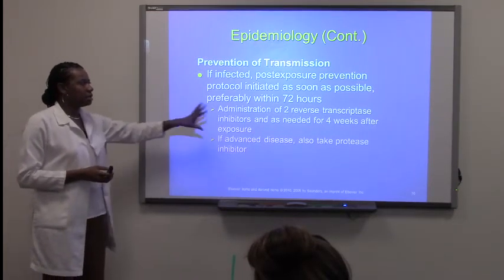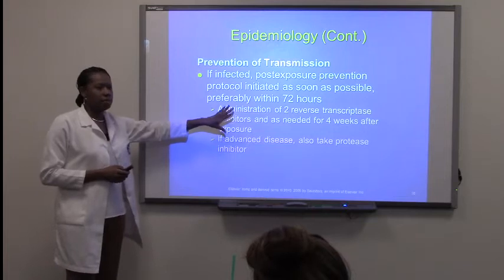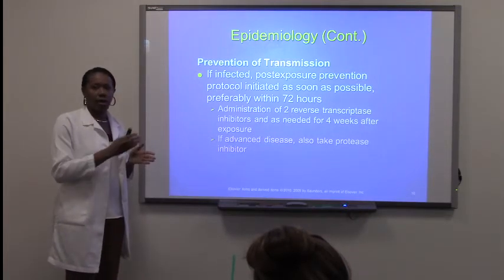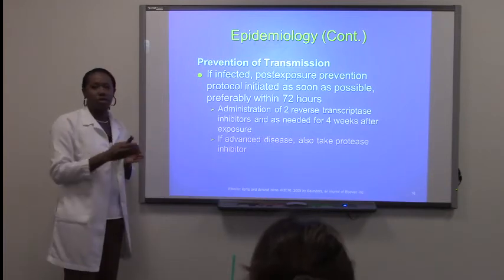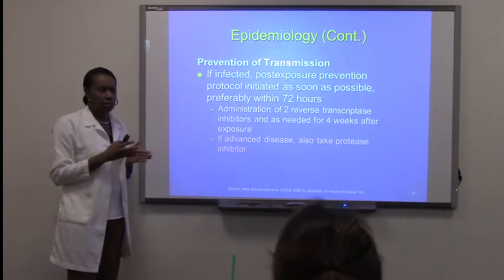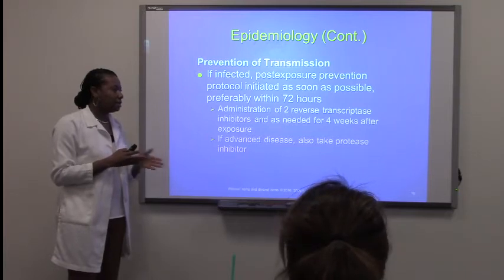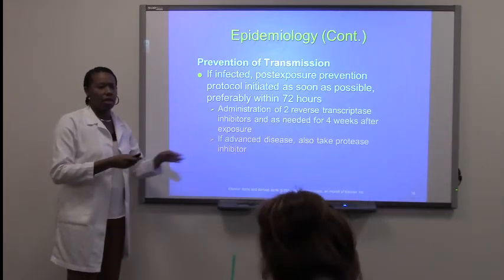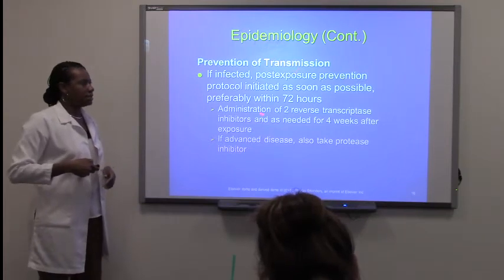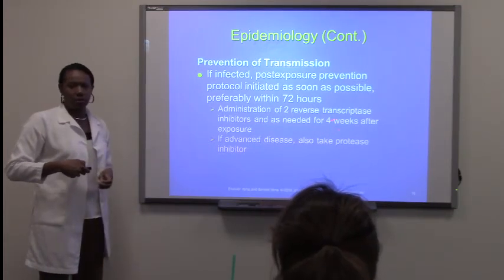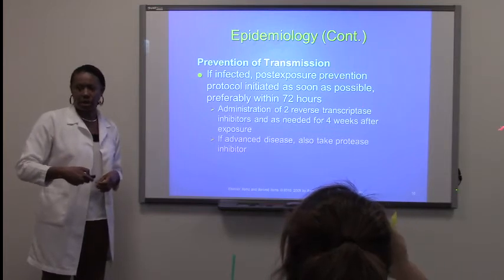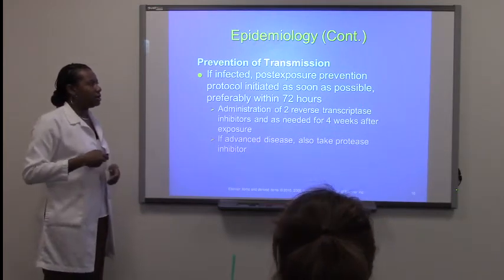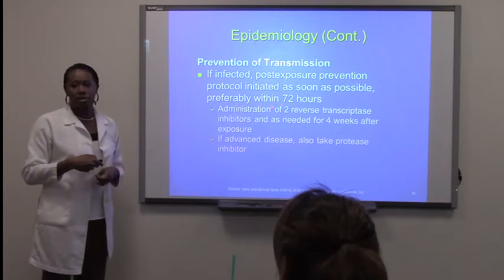But basically, you're supposed to administer 2 reverse transcriptase inhibitors, right? And this has to be given within 72 hours of the needle stick. And if it gets more advanced, then there's another inhibitor that has to be given. Now, I don't know exactly how they monitor this, so in 4 weeks, I guess they monitor and see, and then just continue testing and so forth from that. But there is something that can be done within 72 hours.